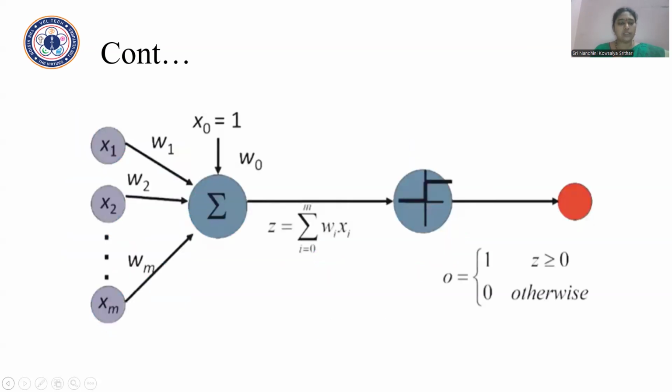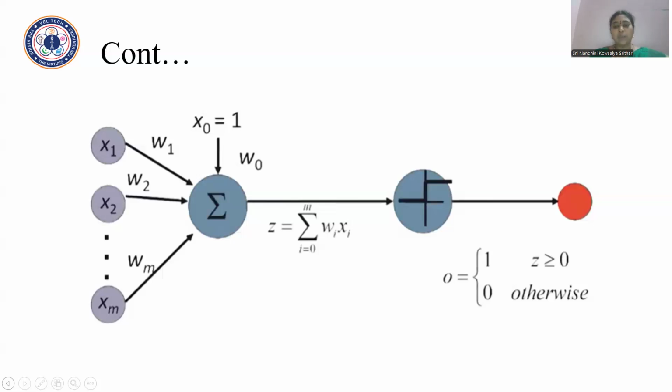So next, in this image, we are going to represent the values. Here we give the inputs x1, x2 up to xm, and then the weights w1, w2 up to wm. That is, each and every input has some weight. Then we have a net function, that is the summation function. So here we combine both input and weight, add all the inputs along with their weights, and then give the value to the activation function.